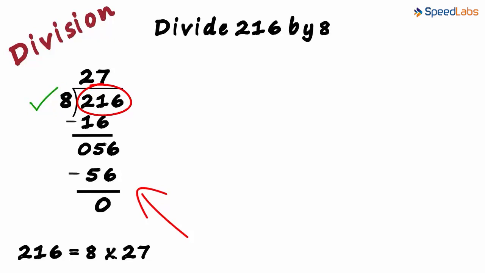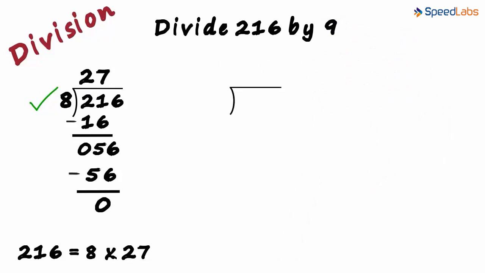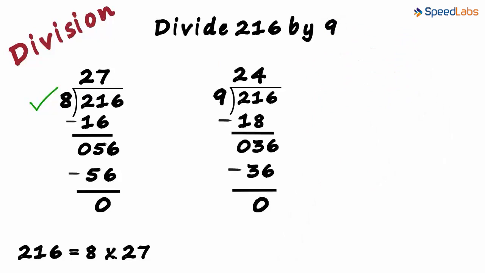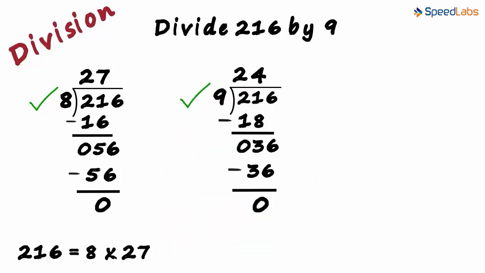And if we find out that the divisor is a factor, then the quotient as well has to be a factor. Let's see if 9 is a factor of 216. We will have to divide 216 by 9. So after we finish our division process, we see that the remainder is 0. So 9 is a factor of 216.